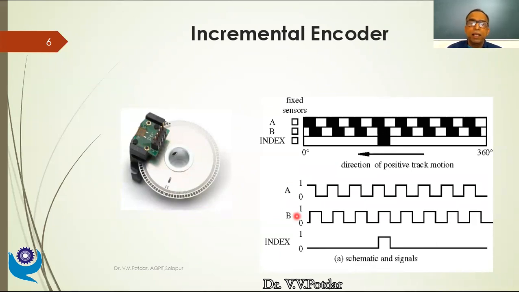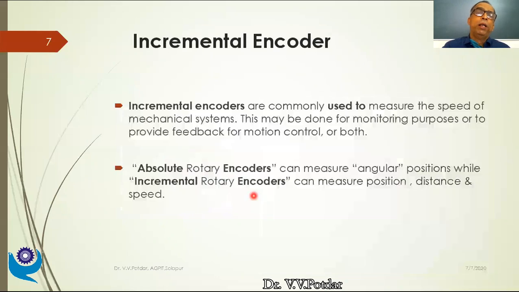So once again, it is generating digital signals. This track will be generating this digital signal, and it will be appropriately modified to show me the angular velocity. So, incremental encoders are commonly used to measure the speed of mechanical systems.